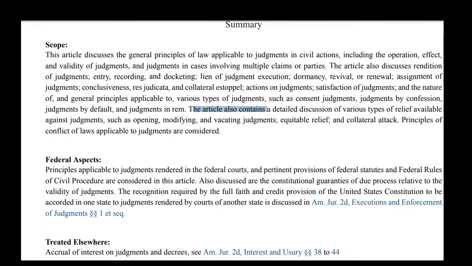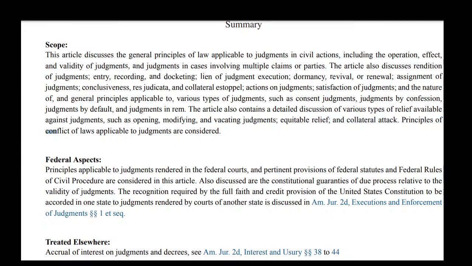The article also contains a detailed discussion of various types of relief available against judgments, such as opening, modifying, and vacating judgments, equitable relief, and collateral attack.